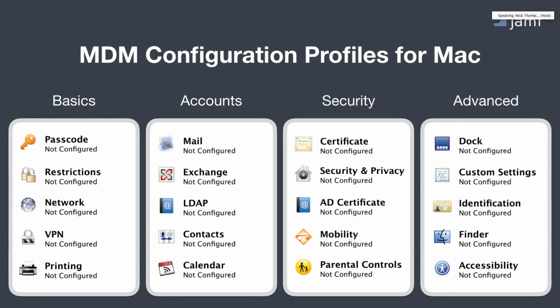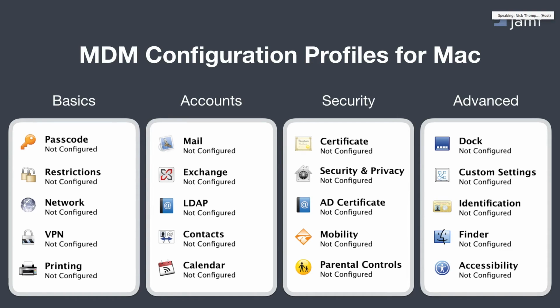So you've got some basic profiles, right, like a passcode policy. You've got a restriction payload so that you can restrict various things, including consumer features on the Mac. You've got a network payload, so you can tell it which Wi-Fi networks to join and whether or not to only work on Ethernet, right?